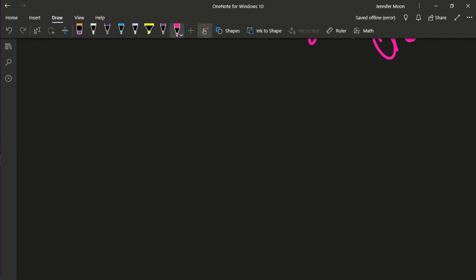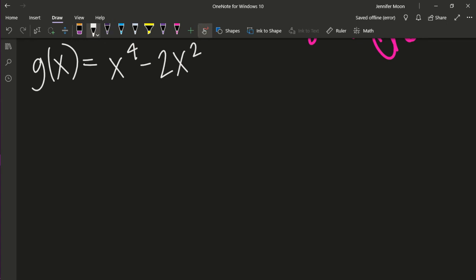Okay, so let's do one more. Say we have g of x equals x to the 4th minus 2x squared. Odd, even, neither.